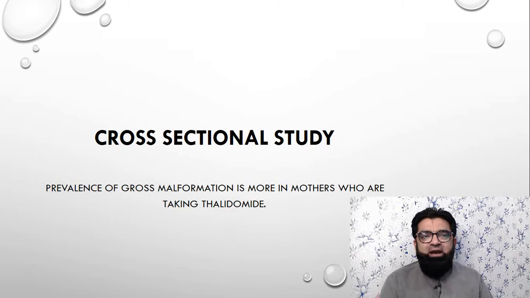And we collected data from all the mothers who gave birth to gross limb malformation babies. After collecting and analyzing it, it was all data at one time. So we came to the conclusion that the prevalence of gross malformation was seen more in mothers who were taking thalidomide. This is a cross-sectional study design.